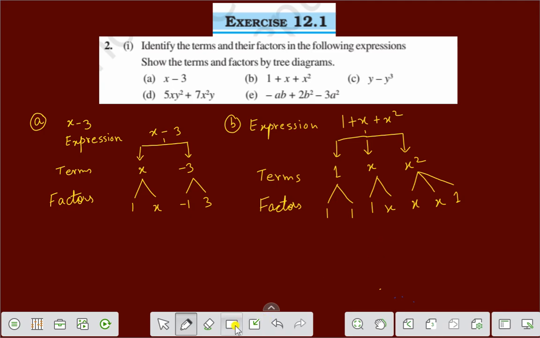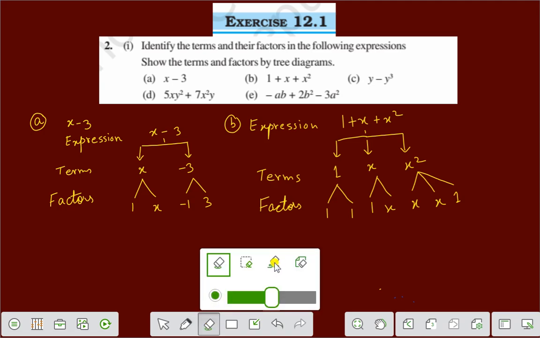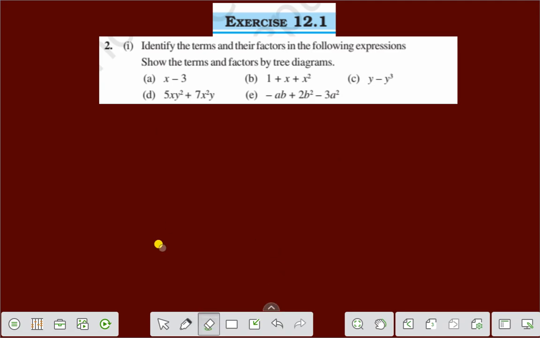Now we solve question number C. Question number C, the expression is y minus y cube.